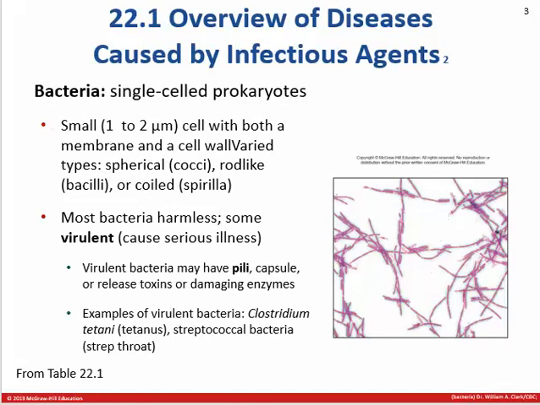So bacteria: single-cell, prokaryotic. They don't have a nucleus. They don't have organelles for the most part. They are small. They have a cellular membrane, fluid mosaic, phospholipid bilayer. Some of them are spherical. Some of them are rod-shaped. Some of them are corkscrew shaped. The spirilla are corkscrew, so that would be things like Lyme disease and syphilis.